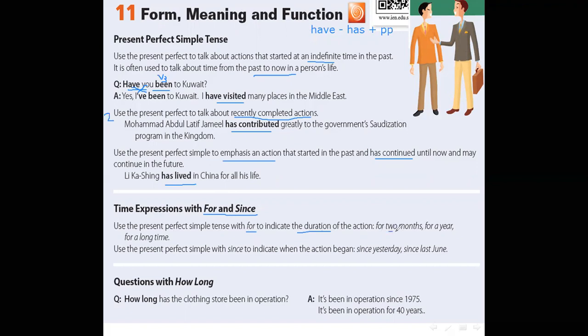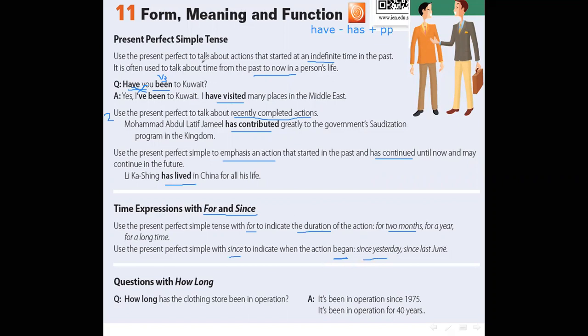For 2 months, for a year, for a long time. What about since? Use the present perfect simple with since to indicate the beginning of the action. For example, since yesterday, since last June.